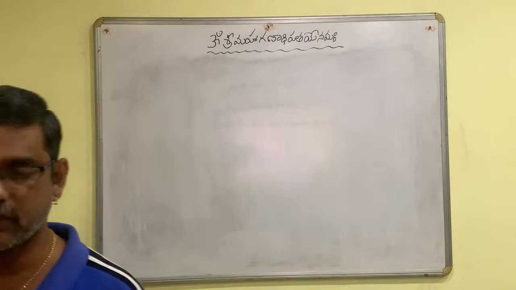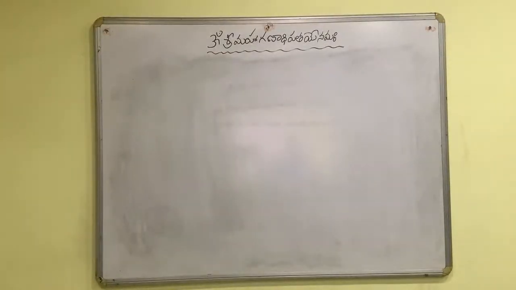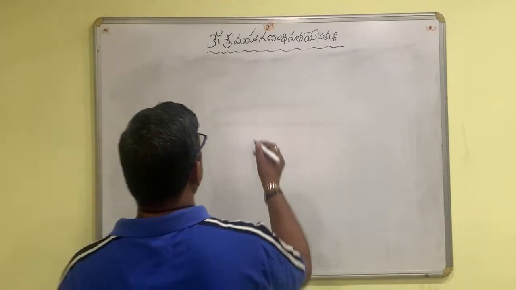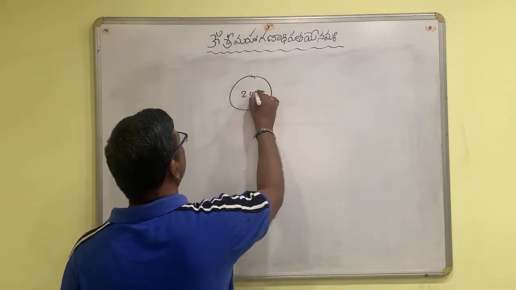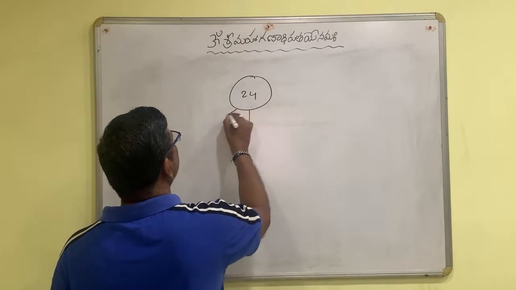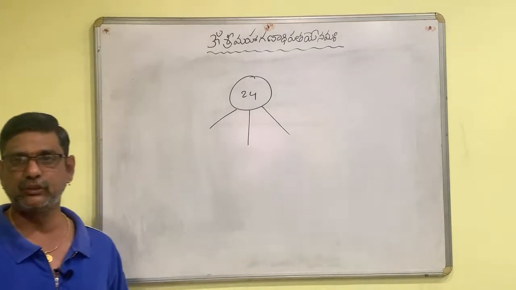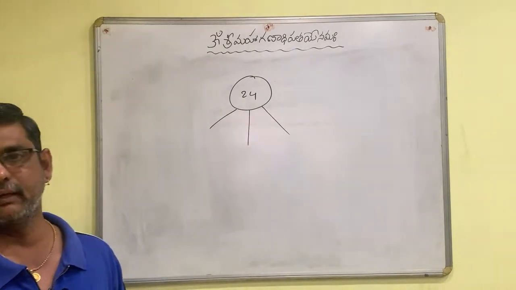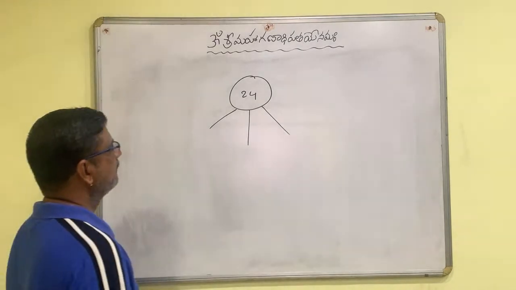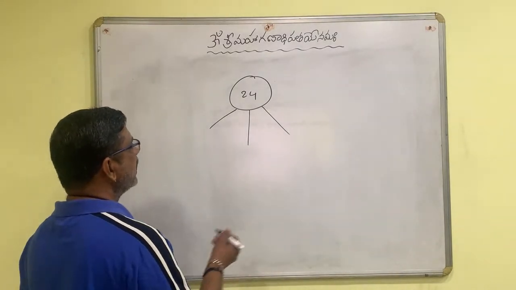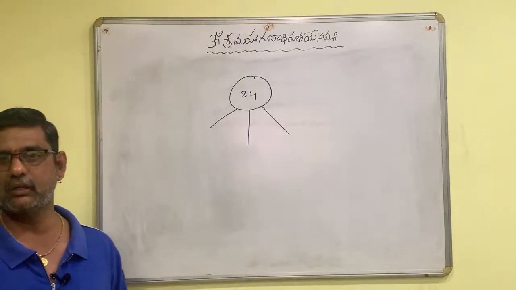Now the first question today is: divide 24 into 3 parts such that they are in AP and their product is 440. We need to divide the number 24 into 3 parts such that those 3 numbers form an AP.